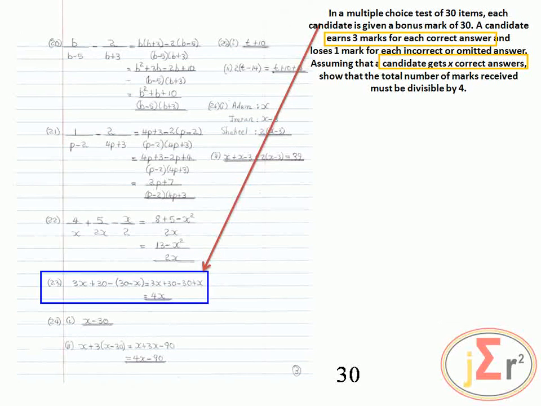But what is the total number of marks the candidate will get for correct answers? We also need to know the number of correct answers the candidate gets. So we know the number of marks for each correct answer, and we know the number of correct answers, because the total will be the product of the marks for each one and the total number of correct answers.